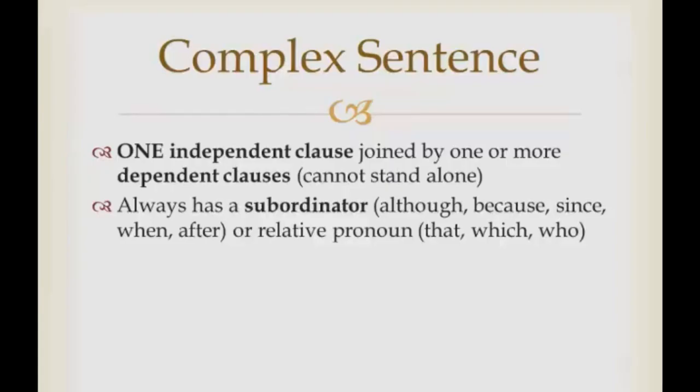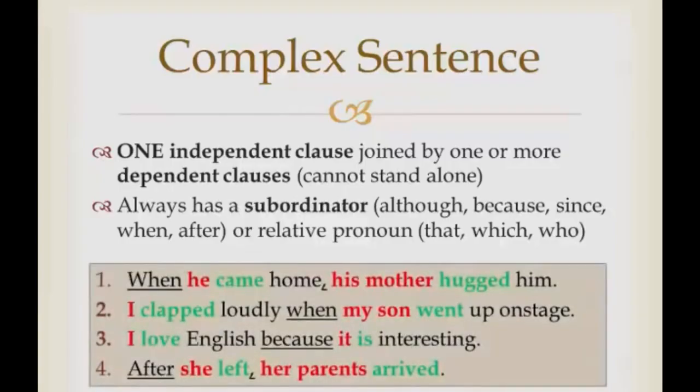So let's look at the examples. When he came home, his mother hugged him. Okay, if you notice here, we still have subject and verb, that doesn't change. But in this sentence, his mother hugged him is the independent clause because it makes sense on its own.